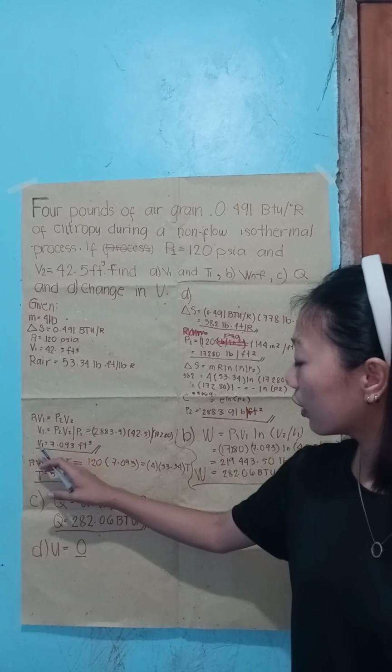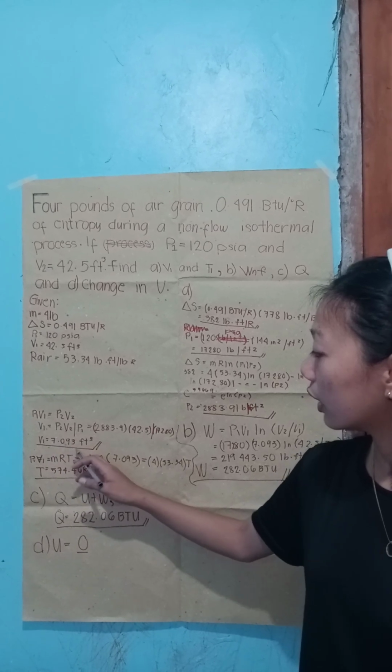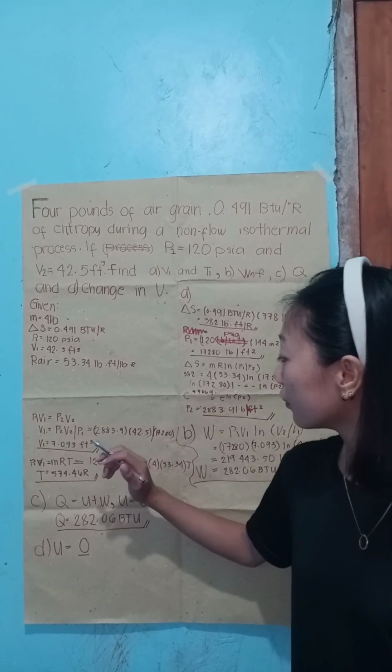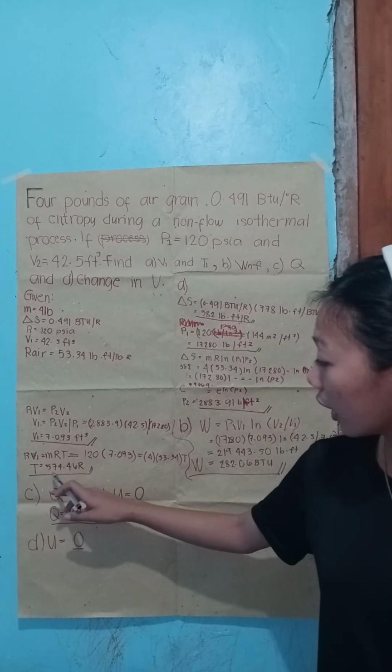So now we can get the initial volume, which is 7.093 cubic feet.